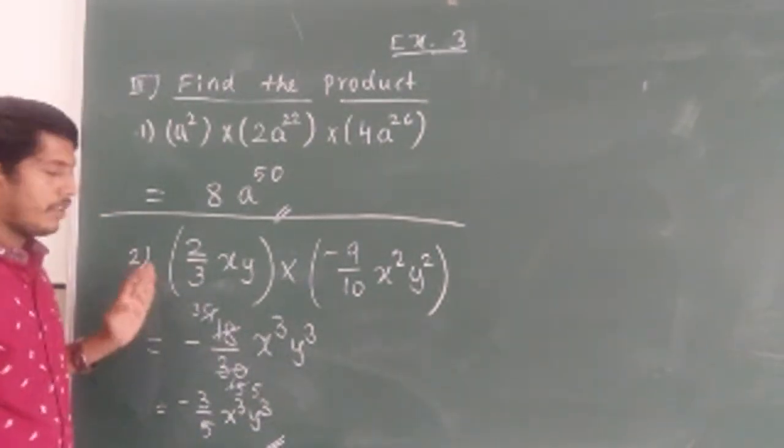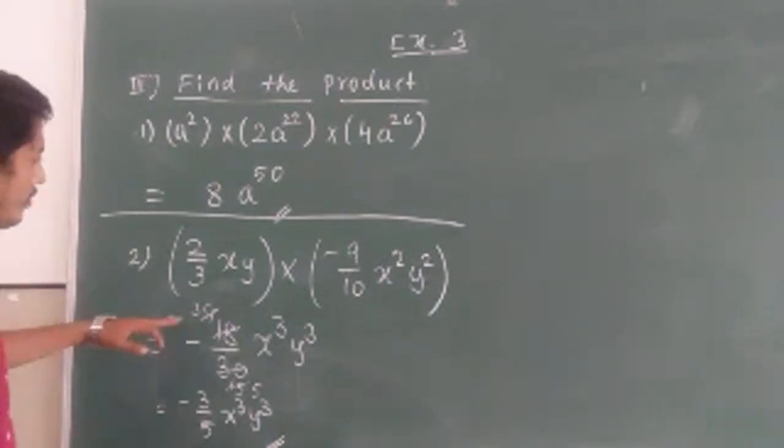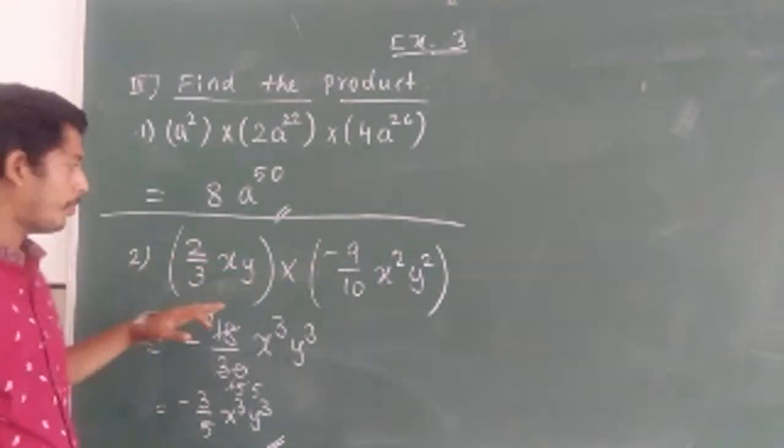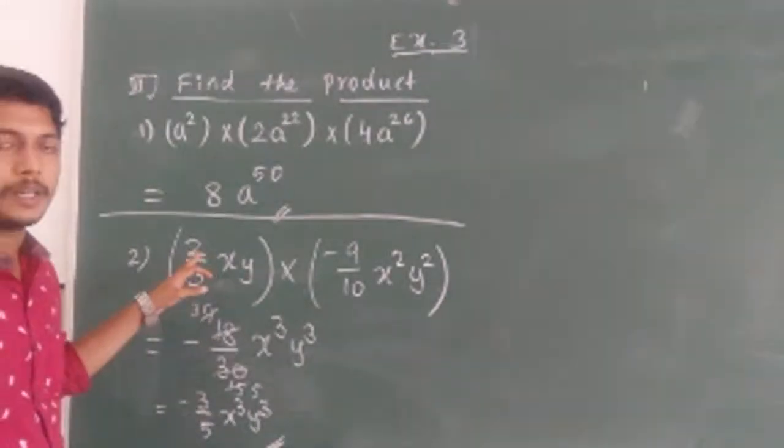Okay. Just look at this step. So what do we have to do? First step we have to multiply the sign. Plus into minus, minus. Then next step we have to multiply the constant term.